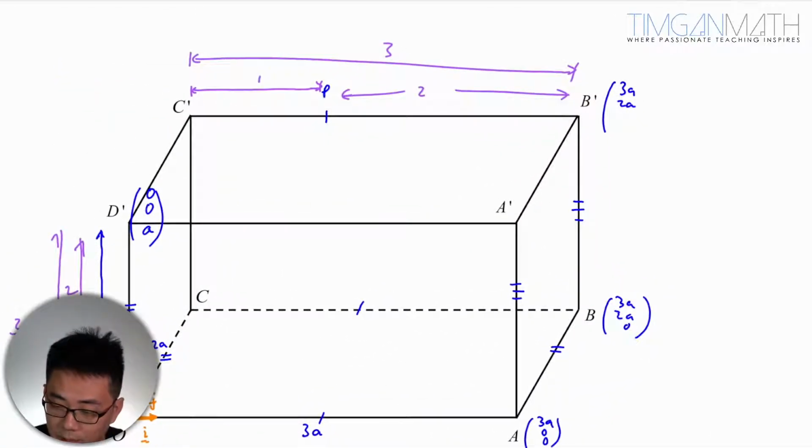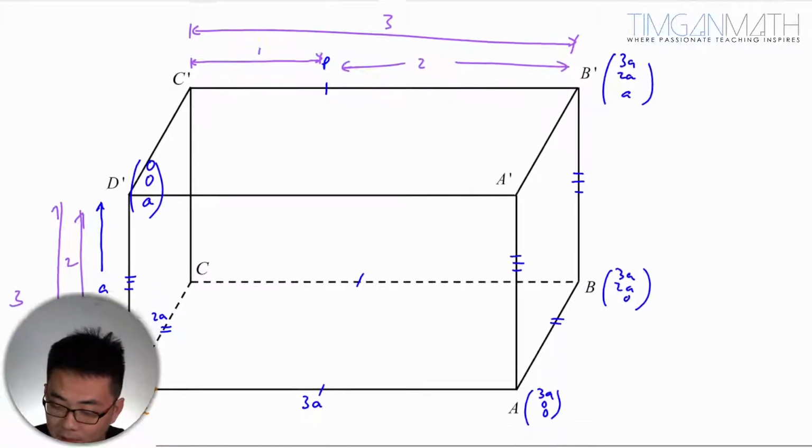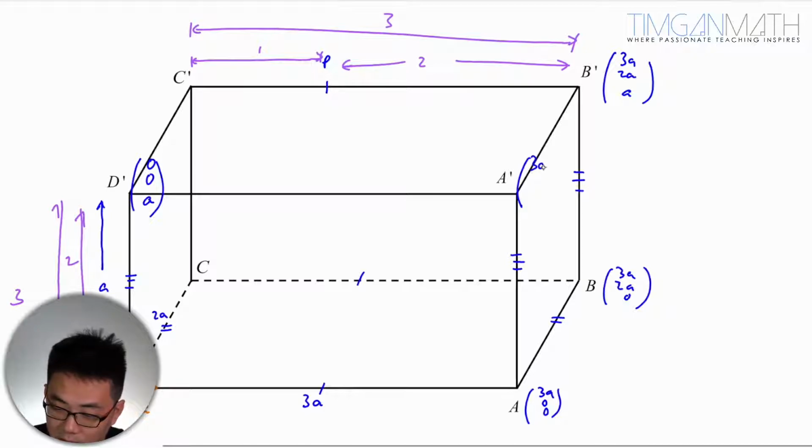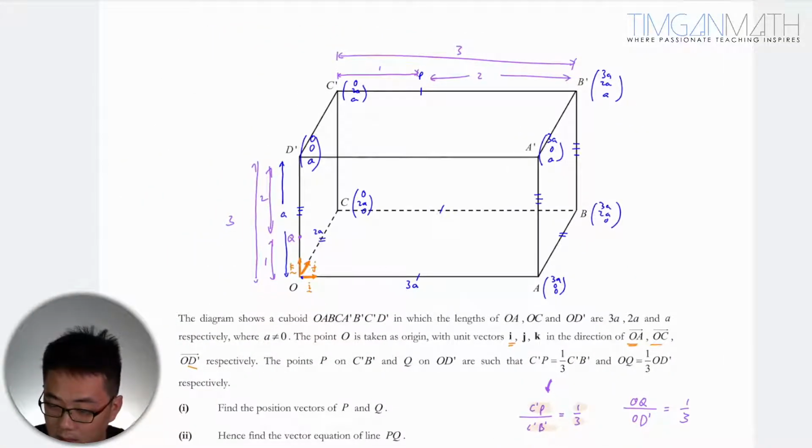It's exactly like reading Cartesian form in secondary school, just that now you have more things. So it's 3a, 0, because you don't have any j component, 3a, 0, and a. And I'm going to label this as 0, 2a, 0, and this is 0, 2a, and a. So I label everything that I need.